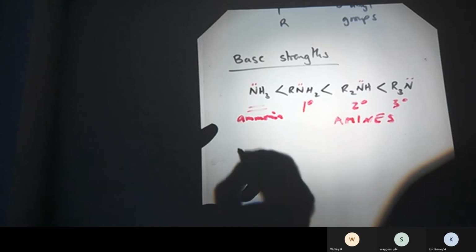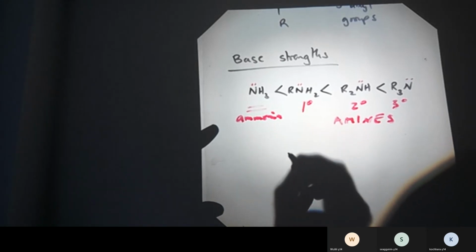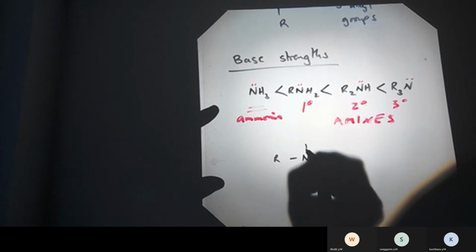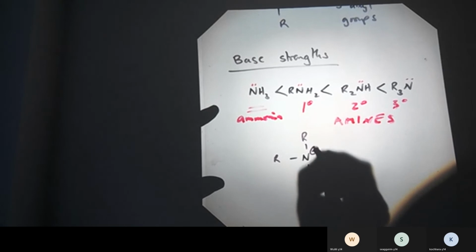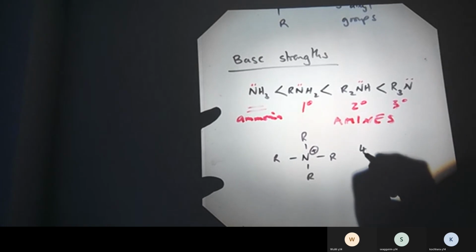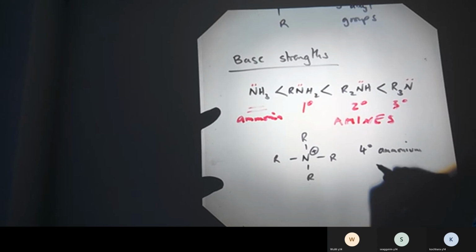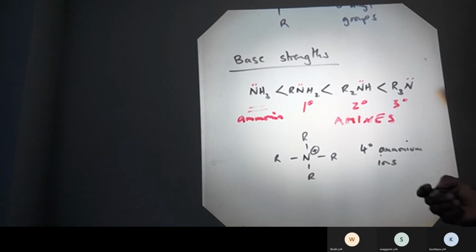And then I also want to talk about, what about having N where you've got an R group, R group, R group, and another R group? What about these quaternary ammonium ions? Are they bases?